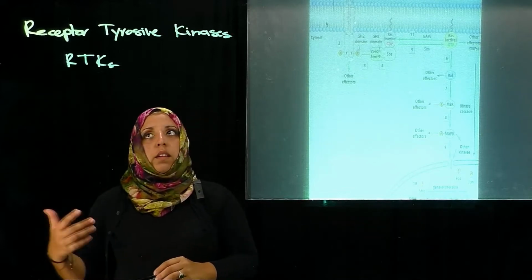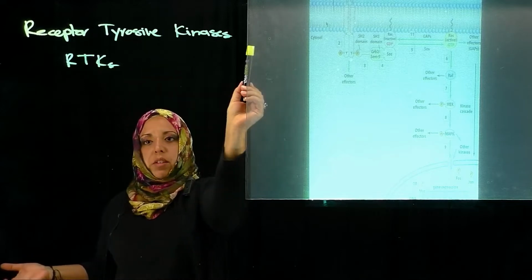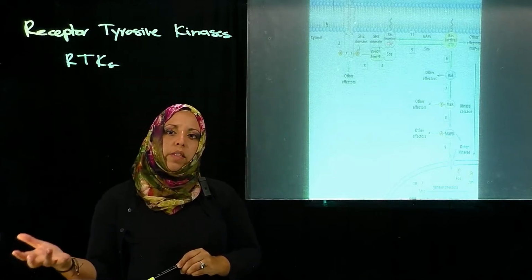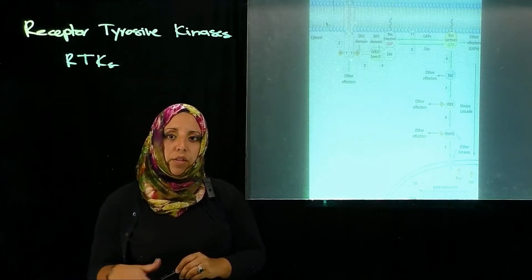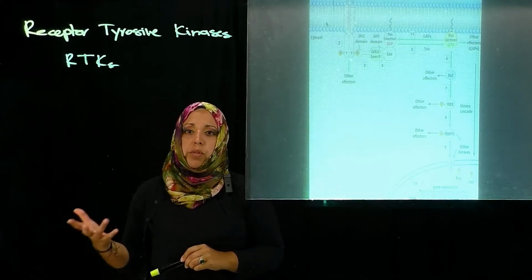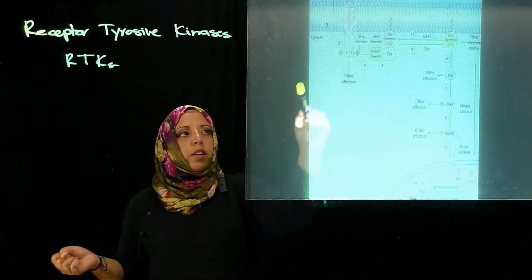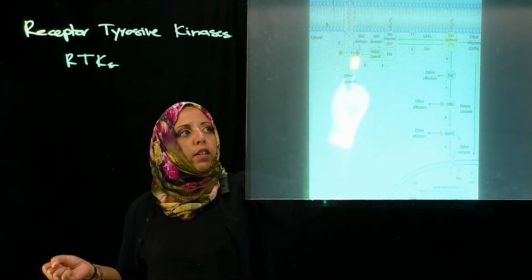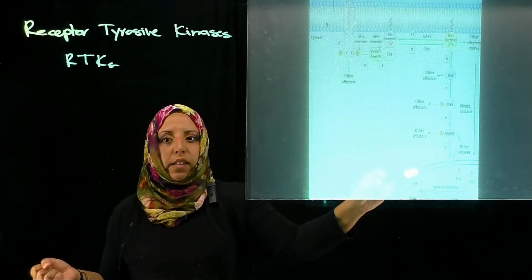Well, some receptor tyrosine kinases can directly interact with their target protein and phosphorylate that particular target protein, but most don't.